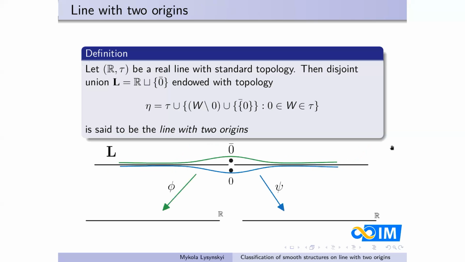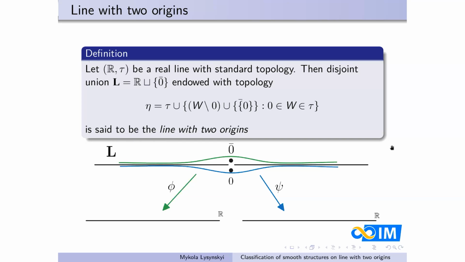So I want to tell about the line with two origins. What is its space actually? I will provide some definitions. Let R with topology tau be the real line with the standard, that is Euclidean, topology.